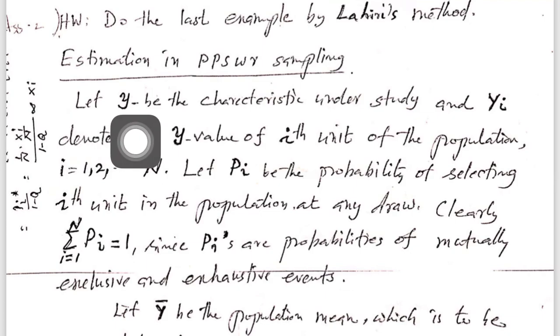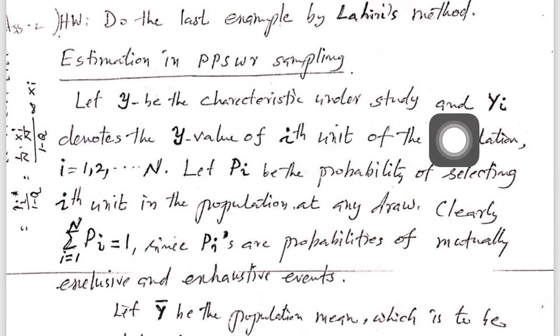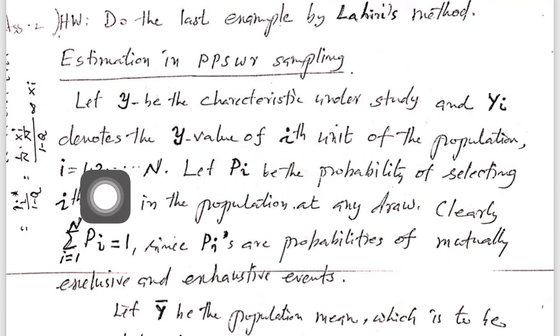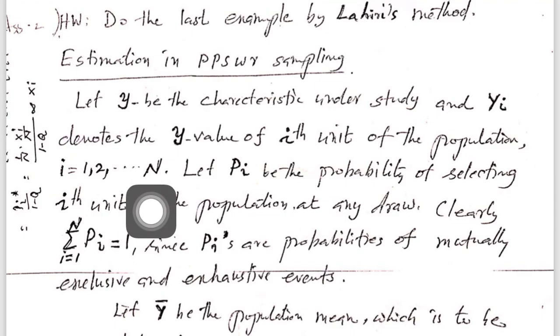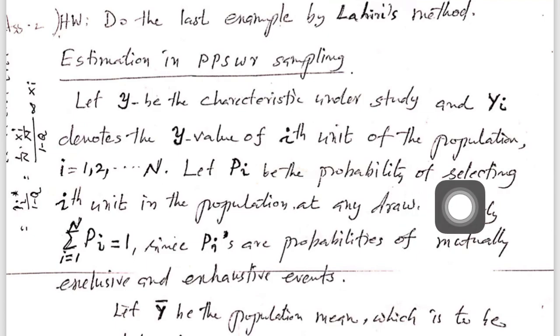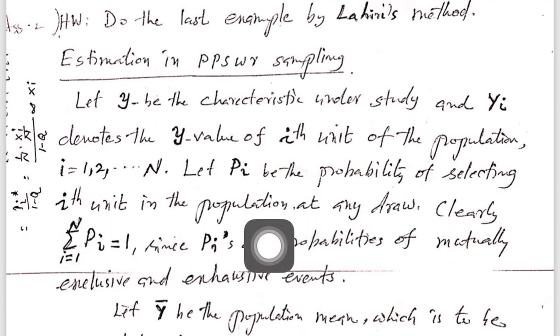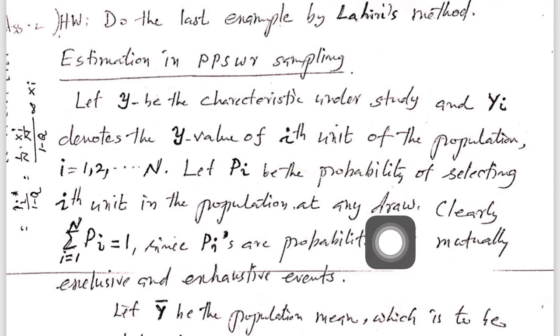Let Y, as usual, be the characteristic under study, and capital Yi represent the Y value of the ith unit of the population, i equal to 1 to N. And let Pi be the probability of selecting the ith unit in the population at any draw.